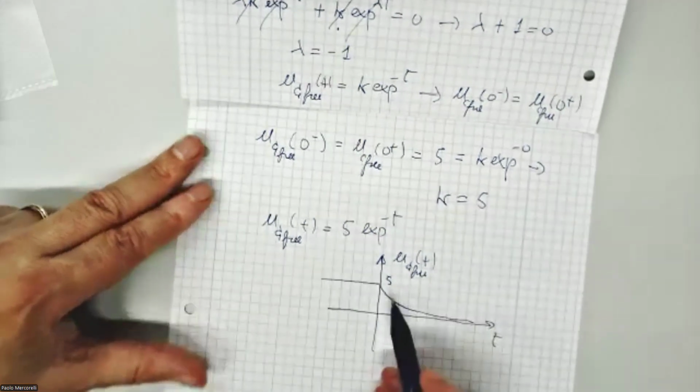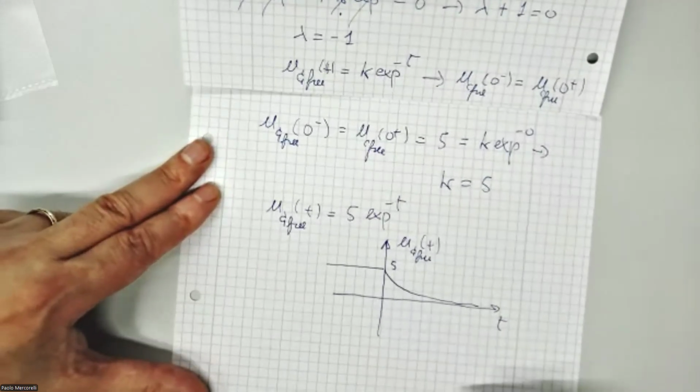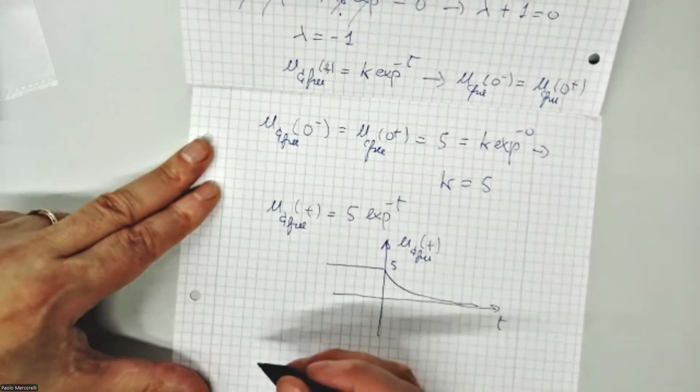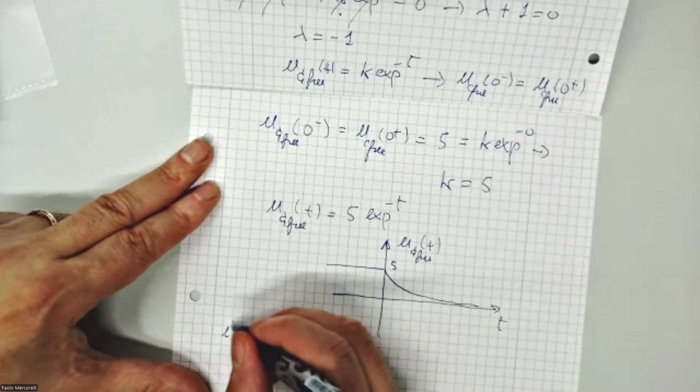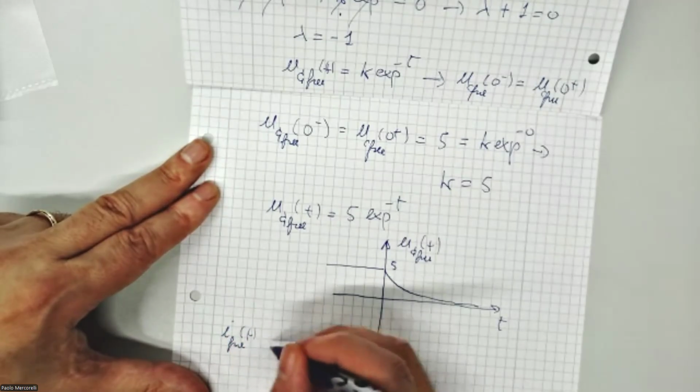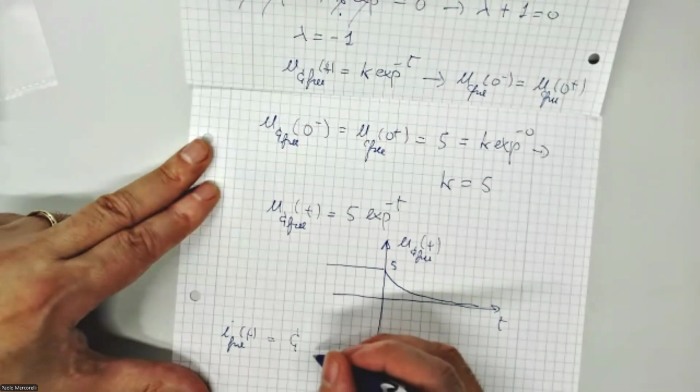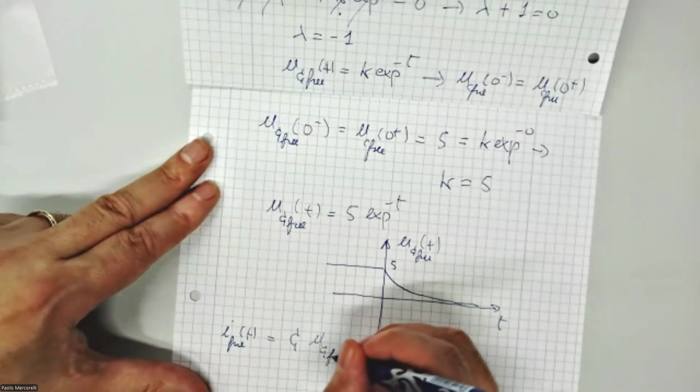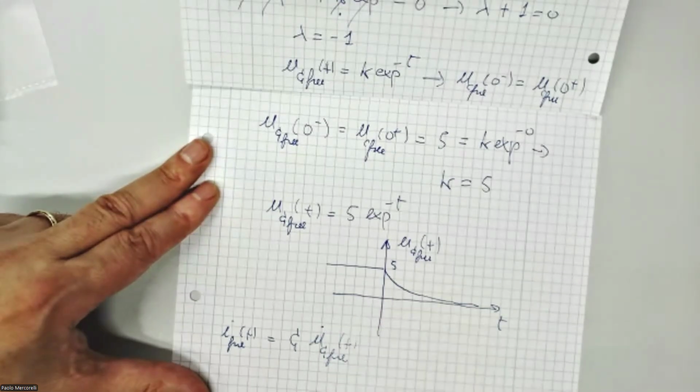Interesting to look at the current. The current is basically, I don't know if you remember, E free of t equal c times the derivative of u c of t.